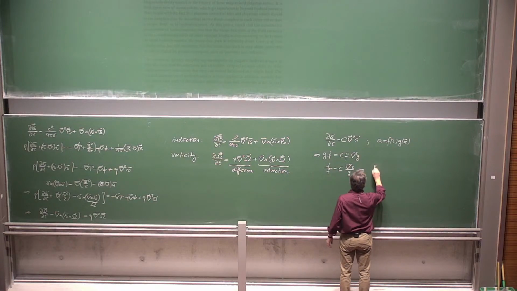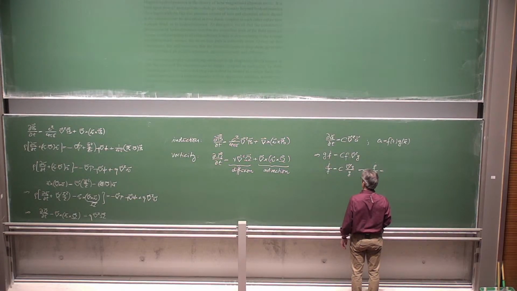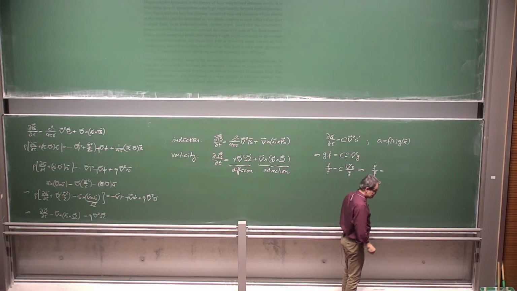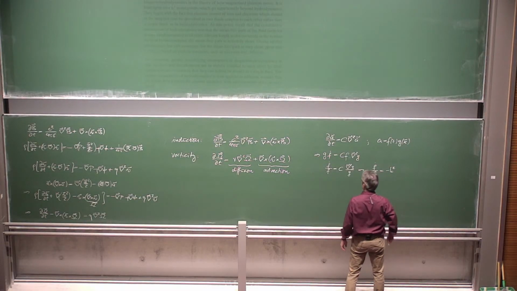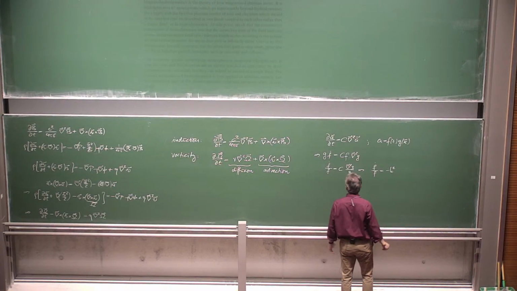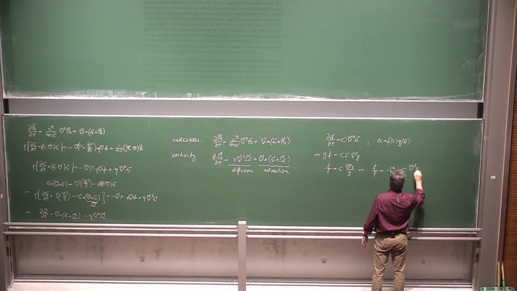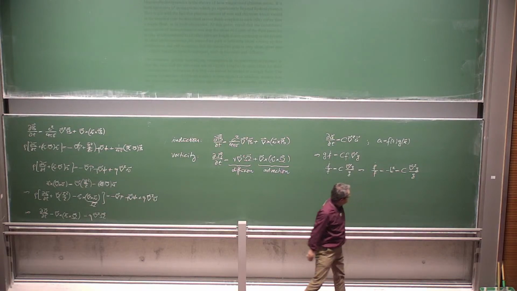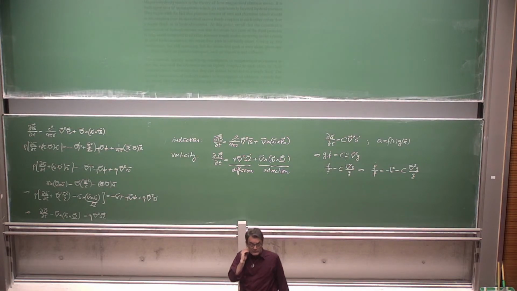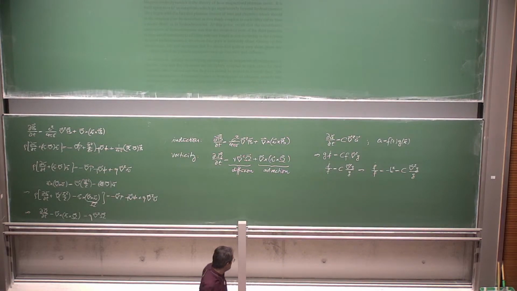So let us call the constant minus k squared. Why not? And then we have this condition in order to solve this equation.